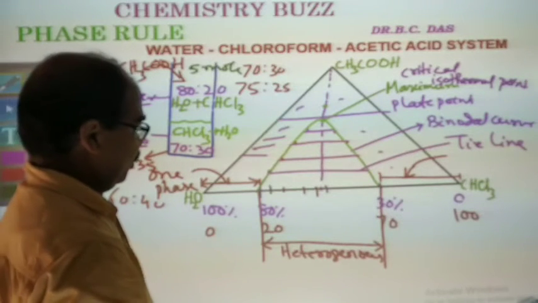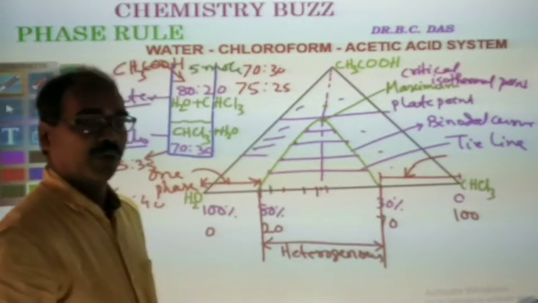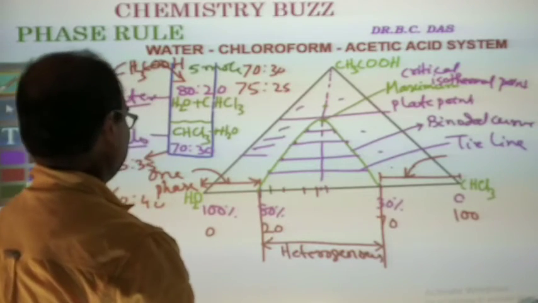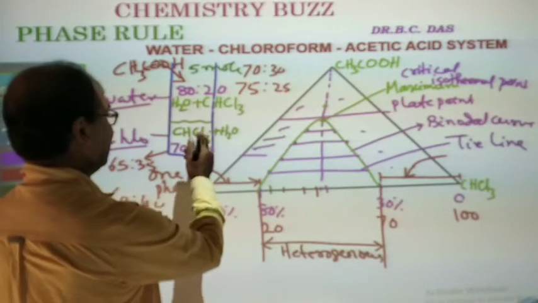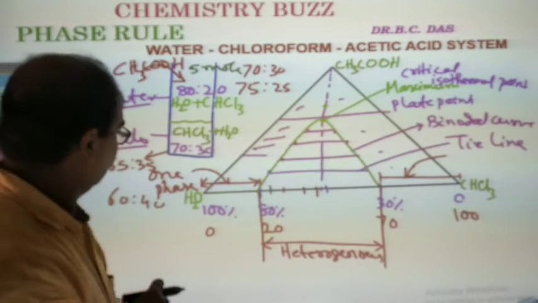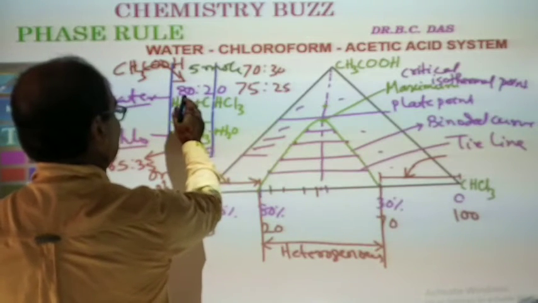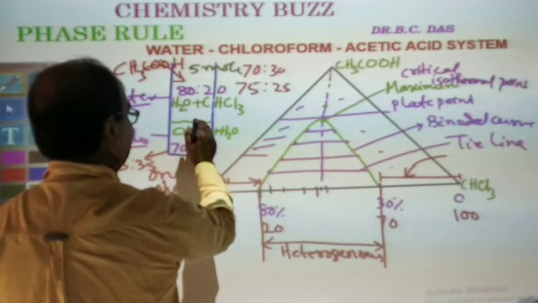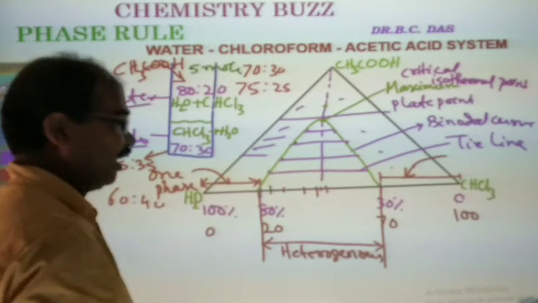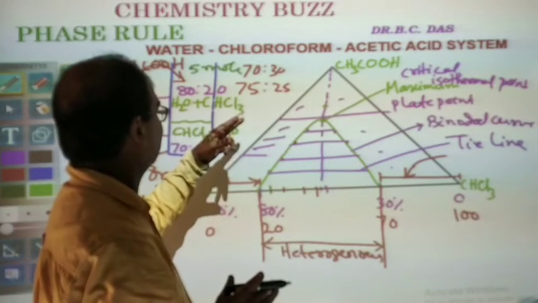Okay, so the effect of acetic acid is that it increases the mutual solubility of the partially miscible liquids, and it changes the ratios 80:20 and 70:30, both improving toward 50:50. That means 50% miscible in 50%.